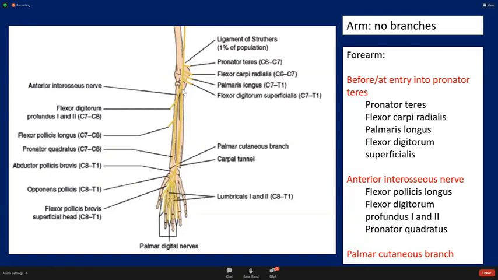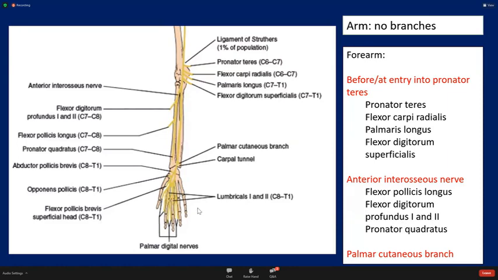And the anterior interosseous nerve is given within or immediately distal to the pronator teres muscle, and it supplies mainly three muscles. It's a pure motor nerve. It supplies flexor pollicis longus, flexor digitorum profundus to index and middle fingers, and pronator quadratus. So this is not dealing with flexion of wrist. There is flexion of the thumb, first and the second finger, and the pronation.